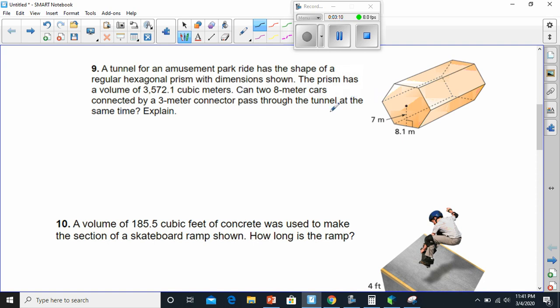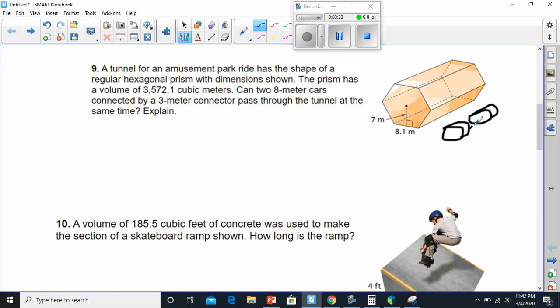Wow. Okay, what they're saying is if this was a tunnel, if we had 2 8-meter cars, and let's just say this is a car, this is a car, and they're connected by a 3-meter connector. Let's make this look a little more like a car.